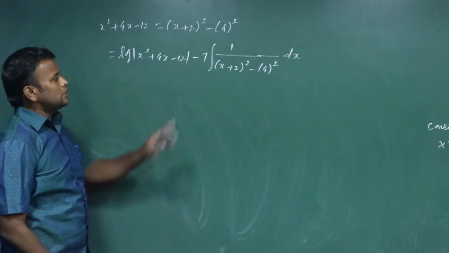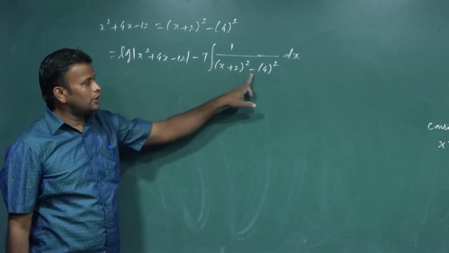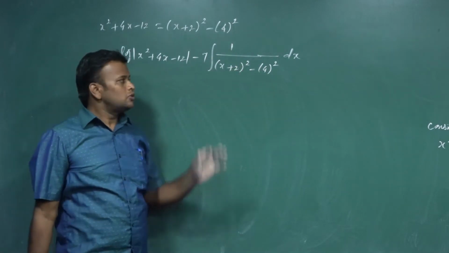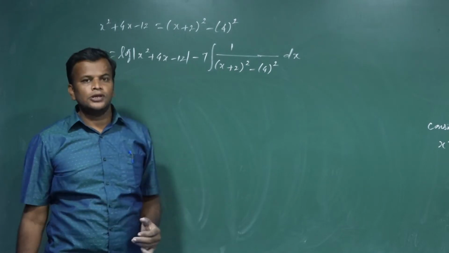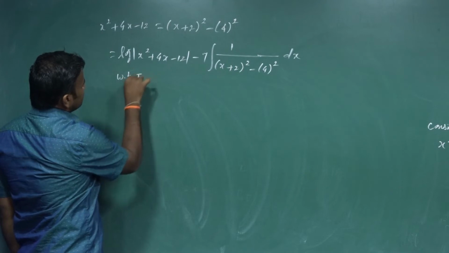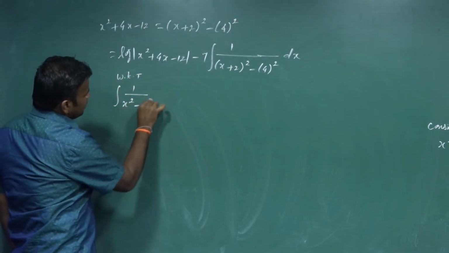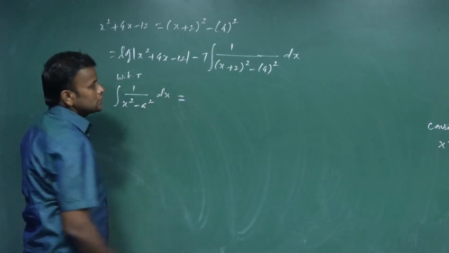Now you see, exactly it is of the form integration 1 divided by x square minus a square. If you know the formula very well, you don't need to write it. For your convenience, I write the formula again: 1 divided by x square minus a square into dx.